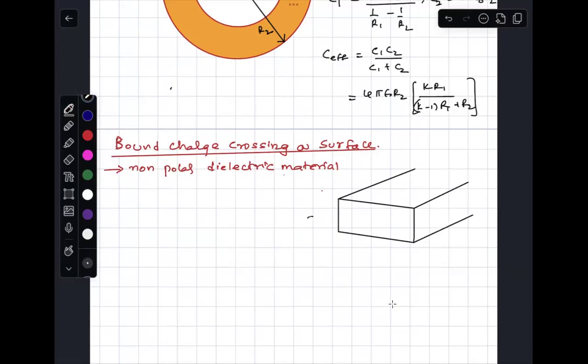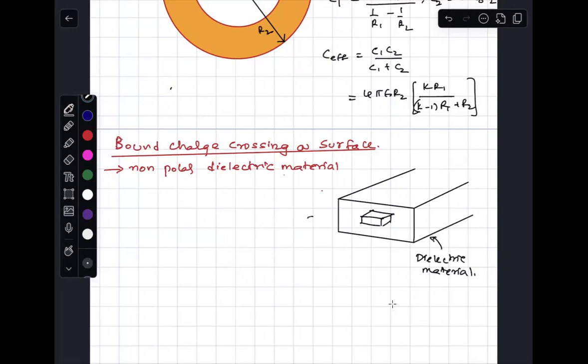You are seeing a dielectric slab, very small and elemental. What you are seeing is a dielectric material, and this is an elemental.